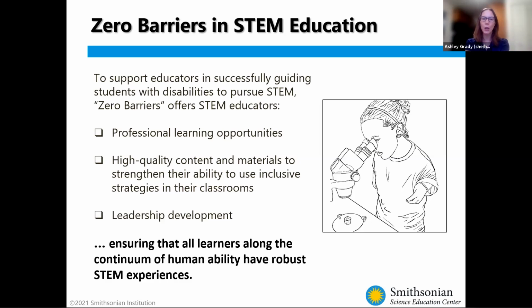Another example is we hosted what we called the Zero Barriers in STEM Summit, Accessibility and Inclusion Summit, which was a 2-day event on consecutive Saturdays, where we worked with teachers to help them identify a problem or a challenge and create an action plan on how to develop outcomes or develop buy-in, which would lead to successful outcomes, and how to evaluate their success.